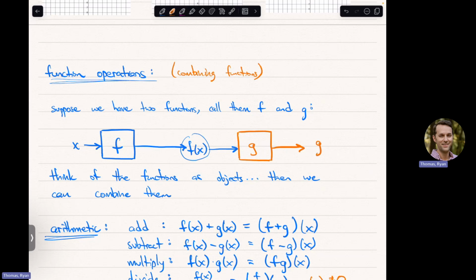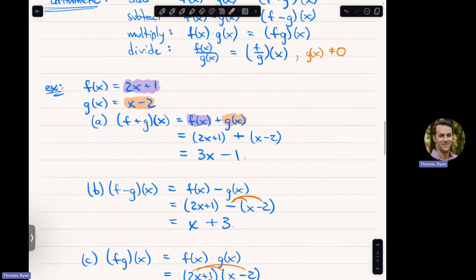And what I get is g of f of x, or the composition of g with f. Sometimes people read this as f followed by g, or g of f. But again, what it's saying is you started here, you did this thing, then you did this thing, but I didn't take a break in the middle. I just did one after the other.